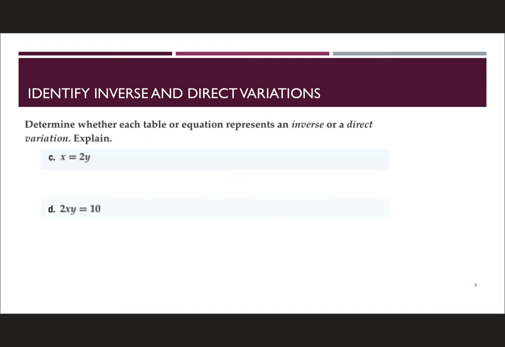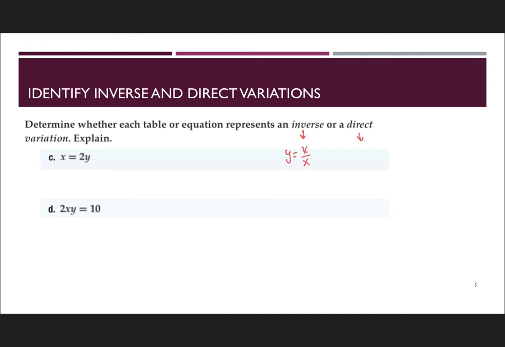Now let's practice with the equations, because we need to be able to recognize this from either a table or the equation, because eventually we're going to get to graphing. We need to know how these concepts relate to each other regardless of their form. So, one more time, I have two different patterns. For inverse variation, I have y is equal to k over x.